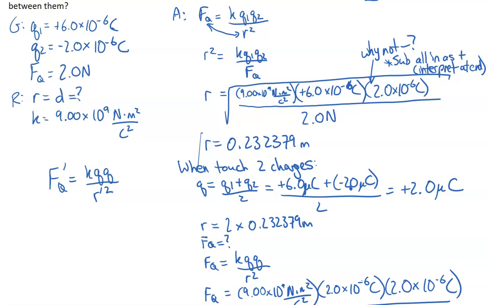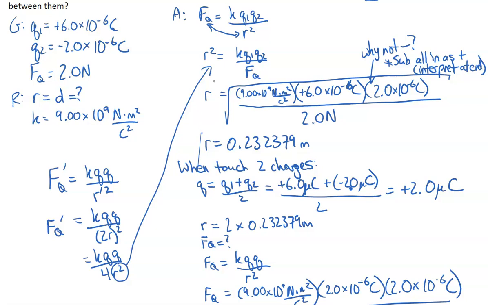And then what you could do is recognize that that is the same as double the original R. And you could find this new electrostatic force by subbing an expression in for R squared. And so you could replace R squared with this whole expression here, and that would allow you to solve that new electrostatic force directly. I did it this way because I think it's just a little more intuitive to find the distance first, but you could do that as well.